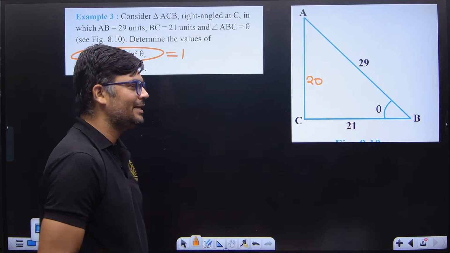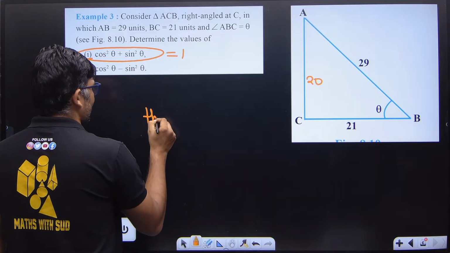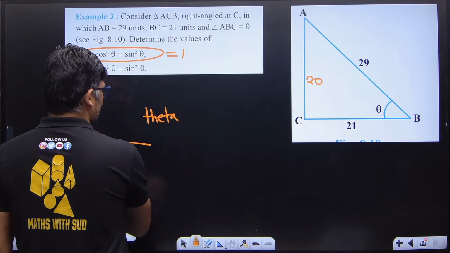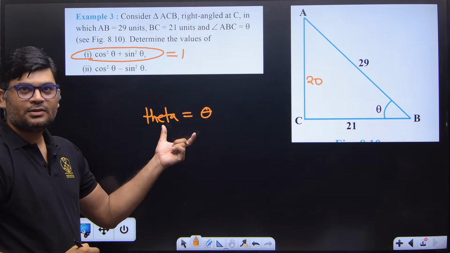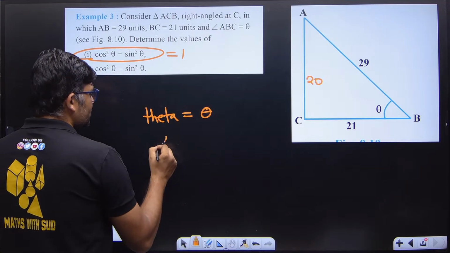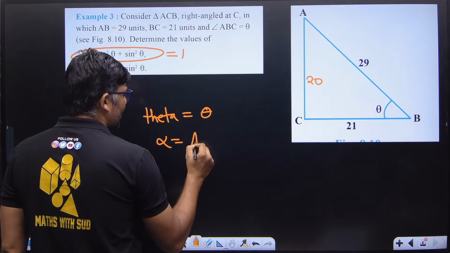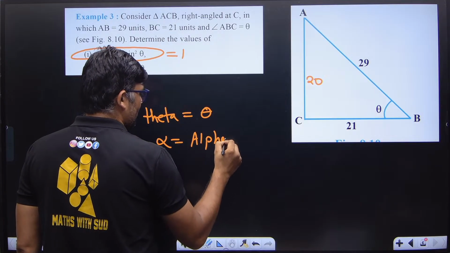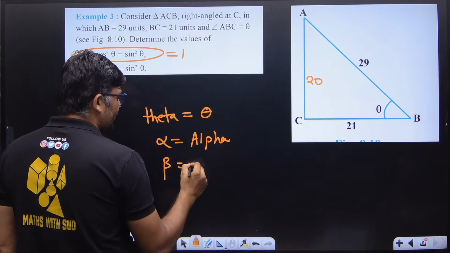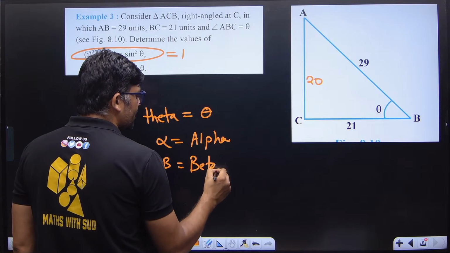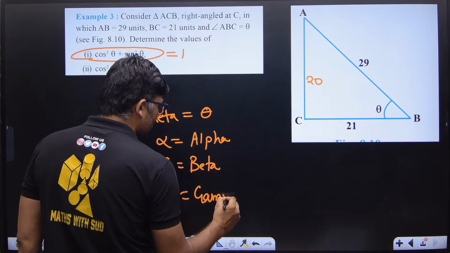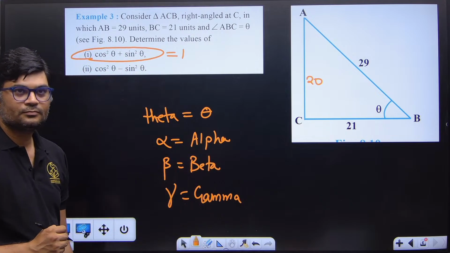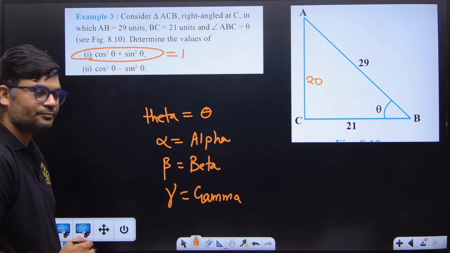This symbol is known as theta. This is known as alpha. This is known as beta. This is known as gamma. Understood?